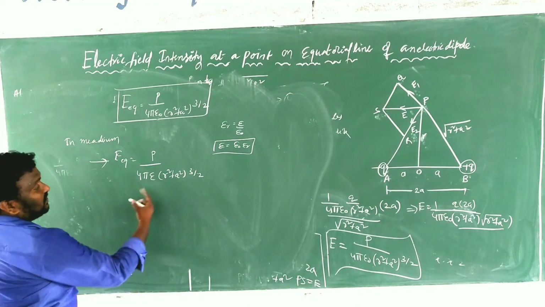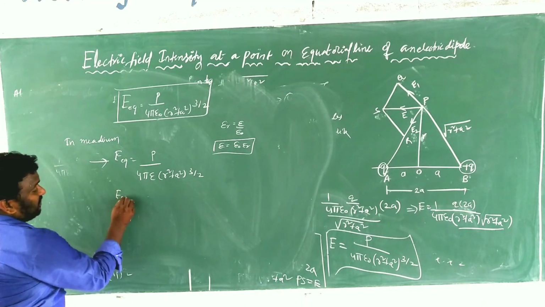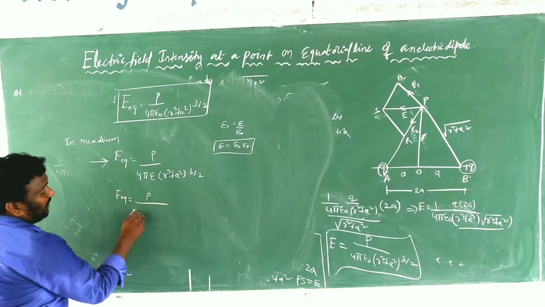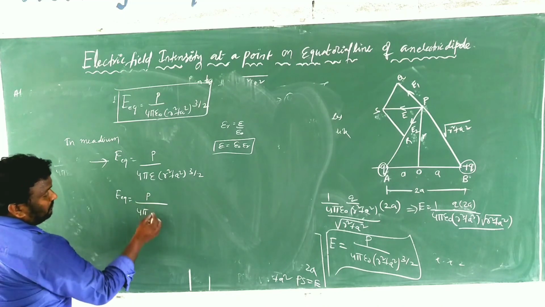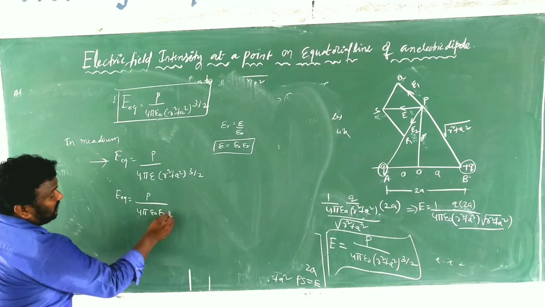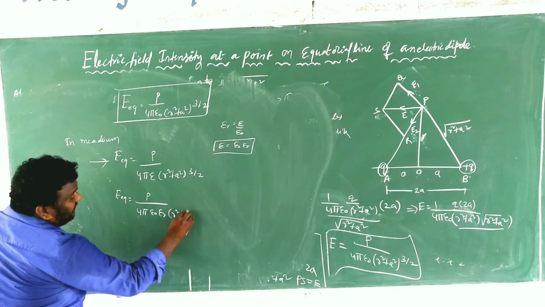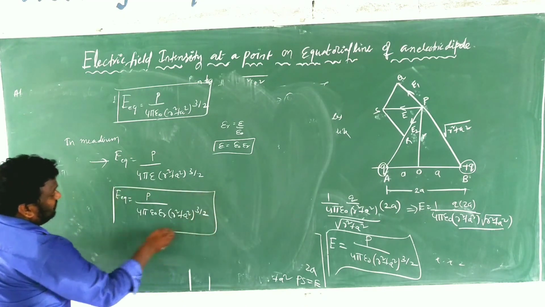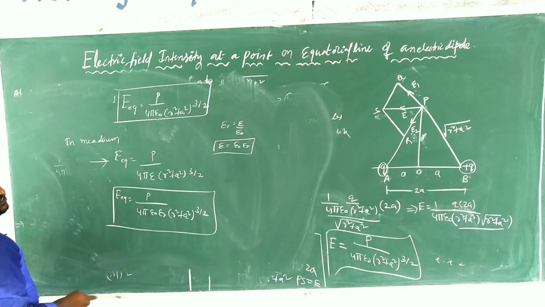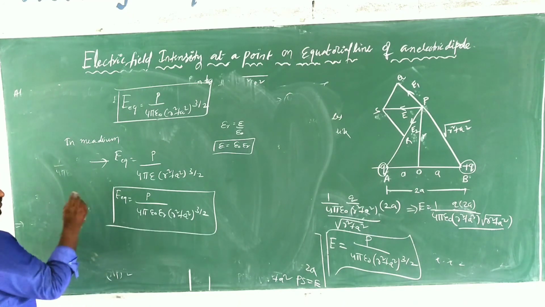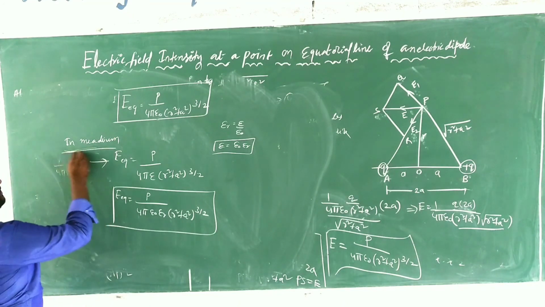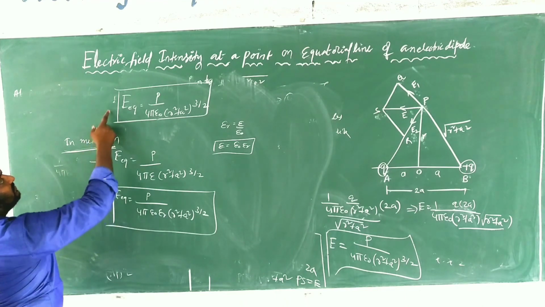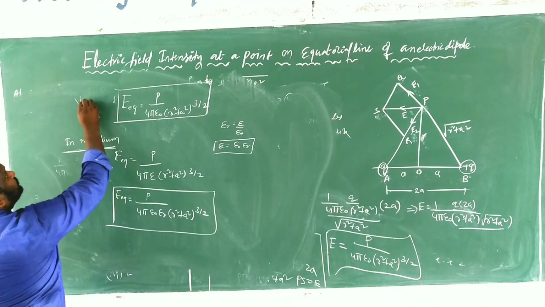And instead of epsilon, what you have to write: E equatorial is equal to P by 4 pi epsilon naught into epsilon r into (r square plus a square) whole to the power of 3 by 2. So this is the expression for electric field intensity at a point on the equatorial line when the dipole is in a medium, and here, vacuum.